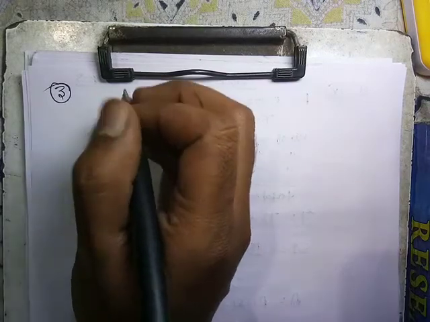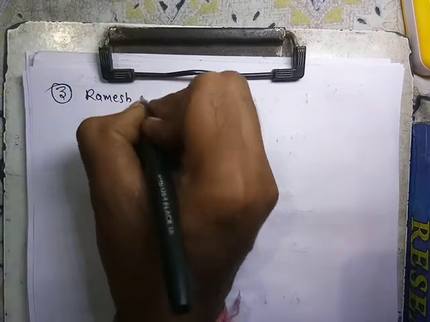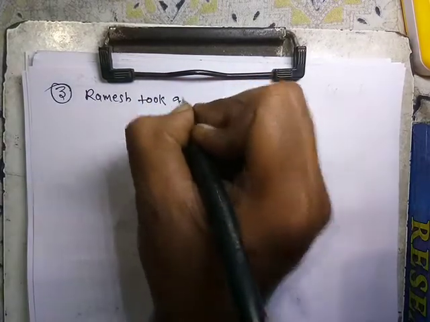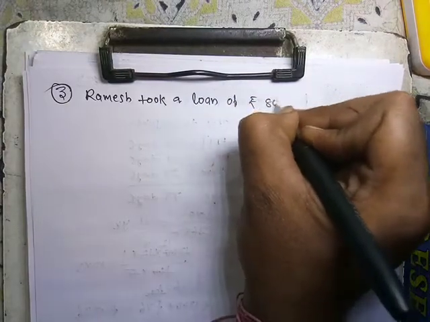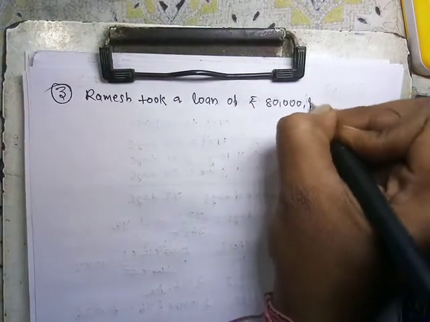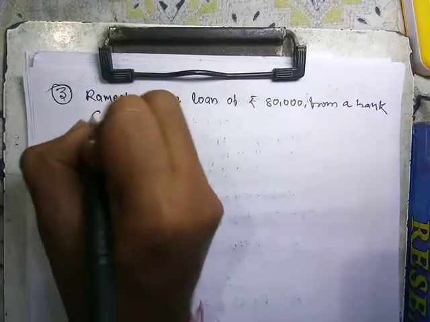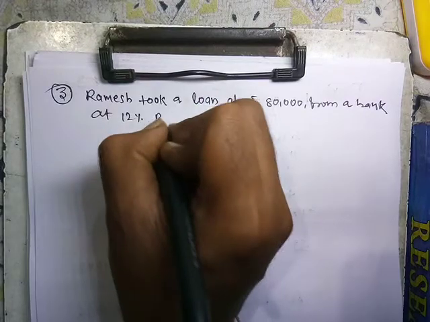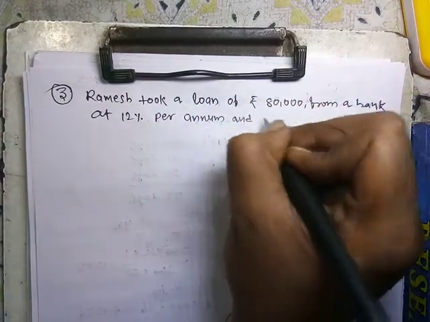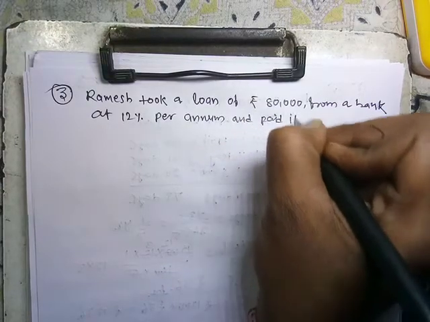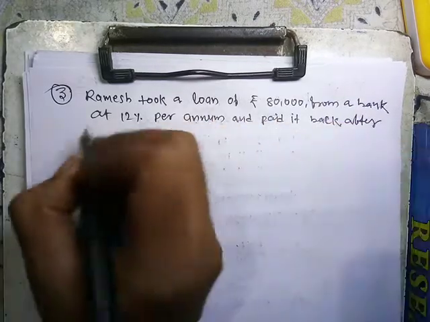Here question number 3 is: Ramesh took a loan of rupees 80,000 from a bank at 12% per annum and paid it back after 7 months.